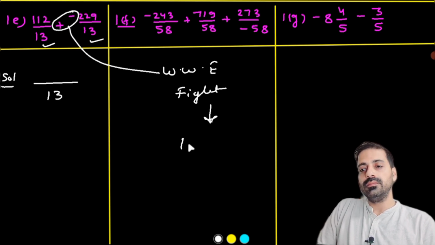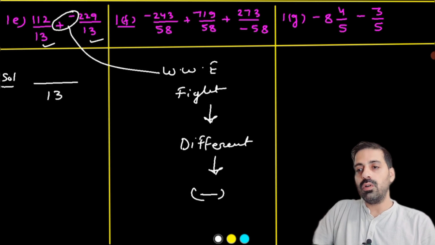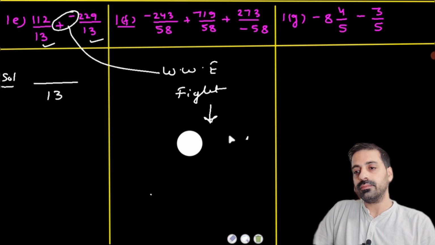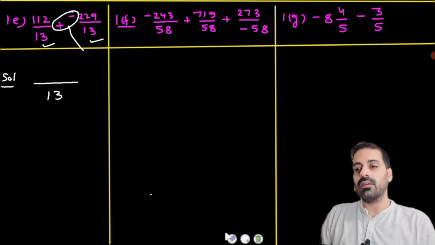They have different signs, so a different sign fight will be won by the negative sign. This is the logic you have to remember always. So whenever you see this kind of thing, you call it a WWE fight, and if they have different signs, the negative sign is going to win.